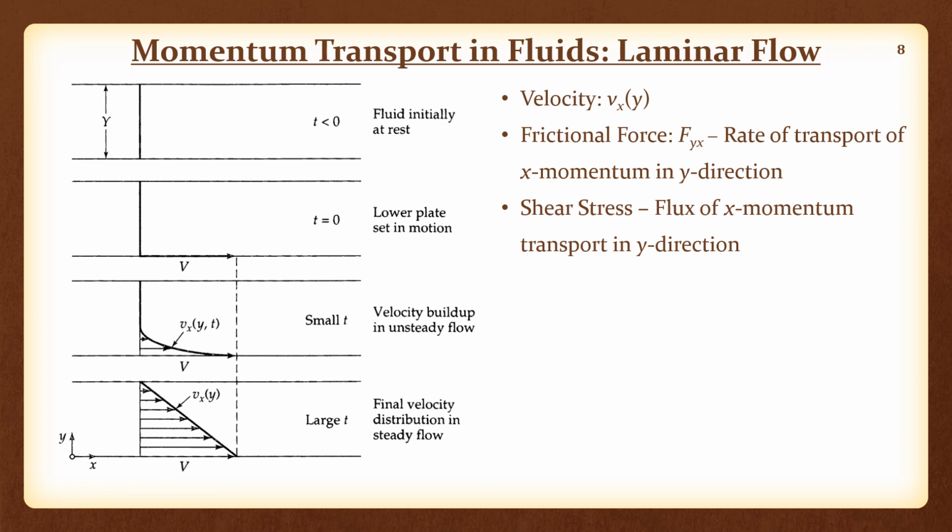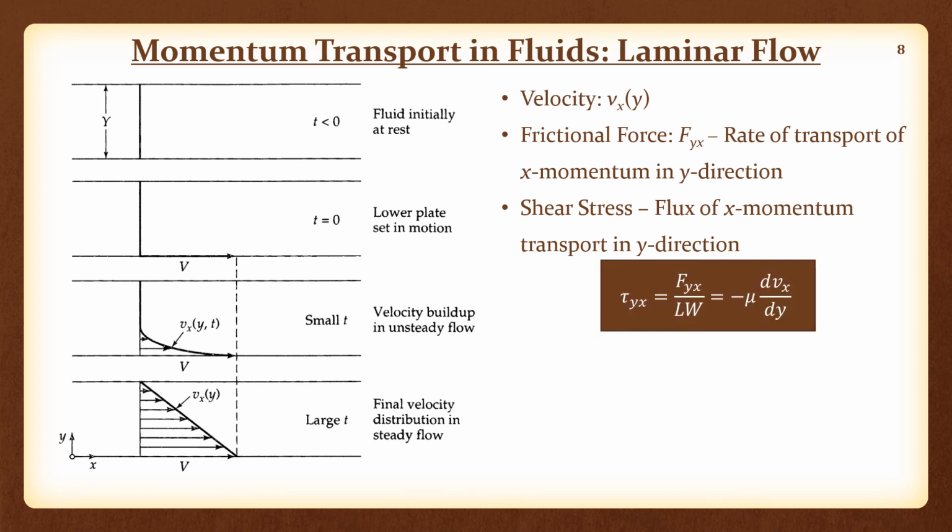The shear stress is the flux in the y direction of the x momentum, and that is given by tau yx equal to Fyx by L into W, L being the length of the lower plate, and W being the width of the plate.